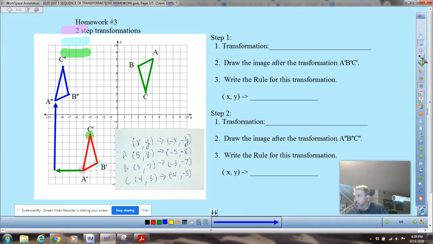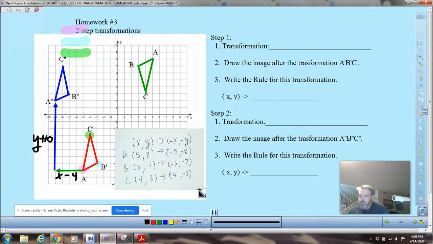So this is the X, and left is minus 1, 2, 3, 4. This is the Y, and up is plus 1, 2, 3, 4, 5, 6, 7, 8, 9, 10. Up 10.